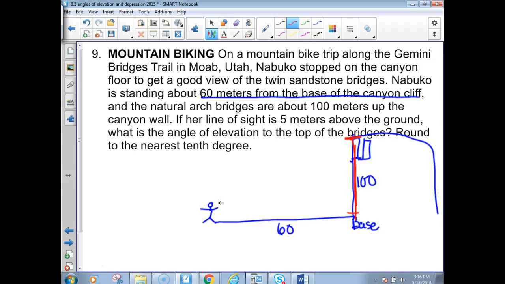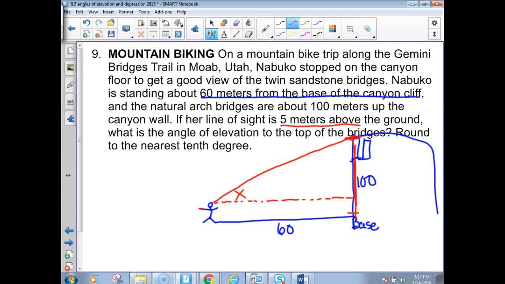And then she's looking up, and it says if her line of sight is 5 meters above the ground, what's the angle of elevation to the top of the bridges? So I'm going to be finding this angle.